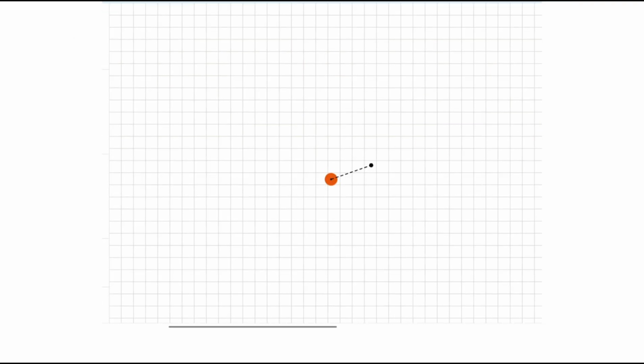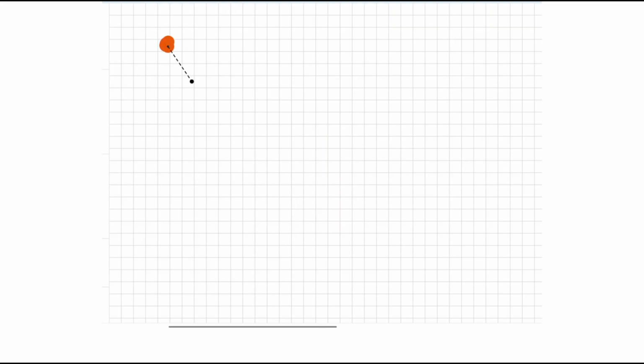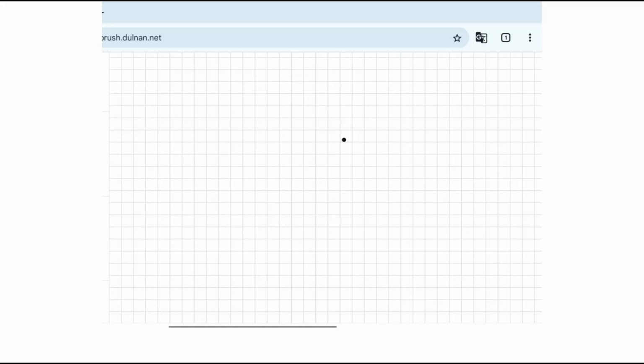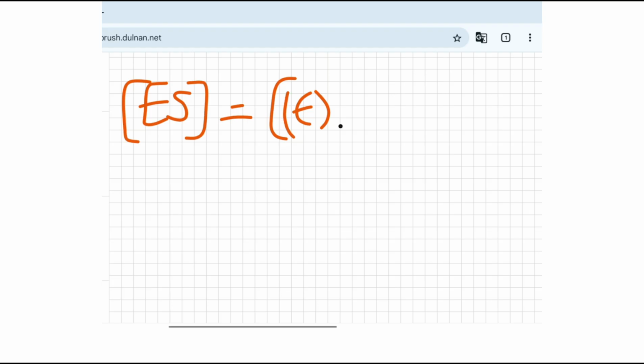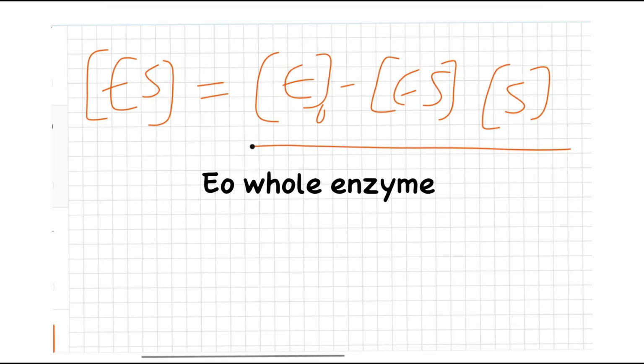So we are going to substitute the enzyme into the enzyme-substrate equation, where ES equals enzyme times substrate upon Km. It will give us E0 minus the enzyme-substrate complex, times substrate upon Km.